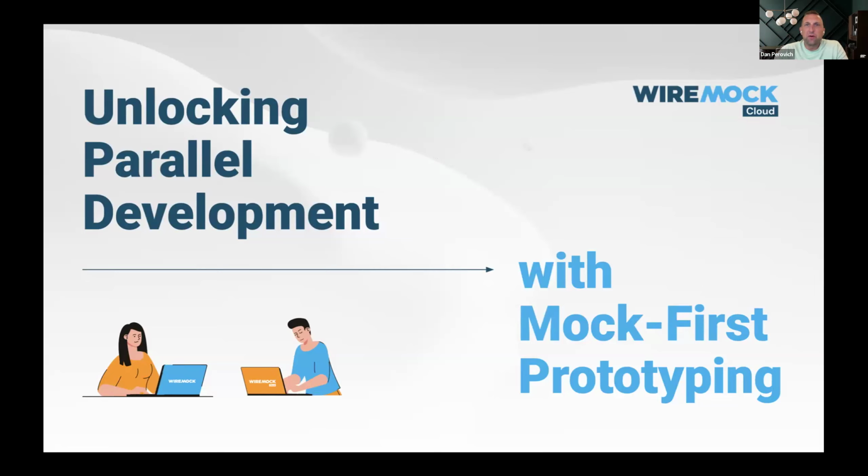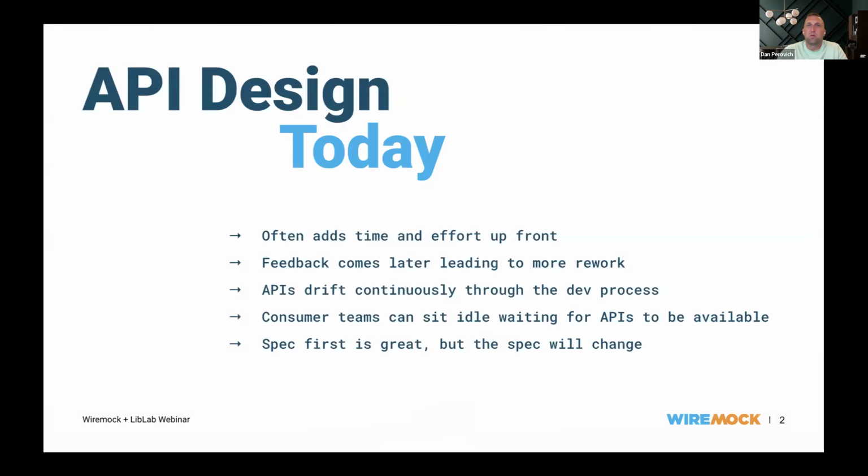Going to talk to you first in the first section here about unlocking that parallel development using a mock-first prototyping approach. So when we think about API design today, there's a lot of different ways that APIs are designed, or potentially designed in quotes.